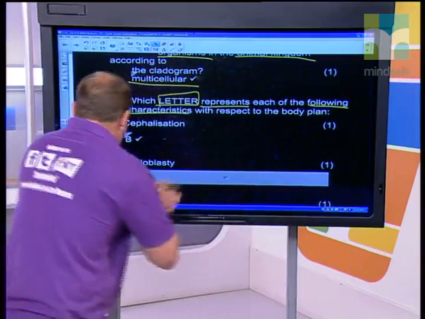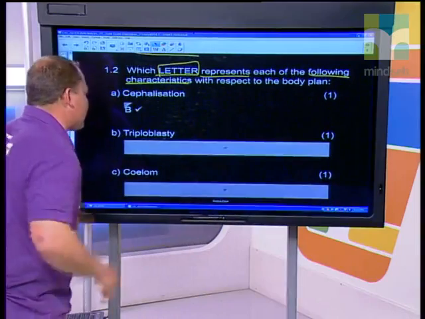Right, now, triploblastic. That's got to be easy. Blastic sounds like Chinese in my eyes, right? But triplo means what? You know what trip means, eh? Yeah, 3. Now, if you got 3, and we're talking about these phyla, 3 what? Can only be one thing. It's not going to be 3 legs, right? Yes, you get animals with only 3 legs when one's been chopped off, but we're not talking about that.